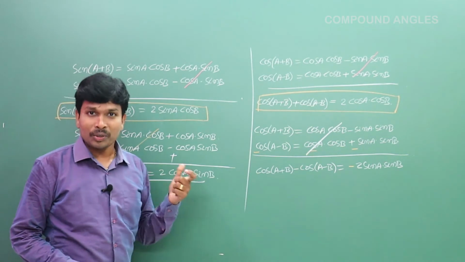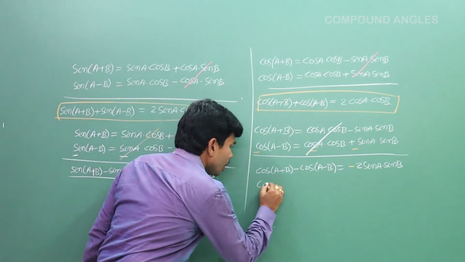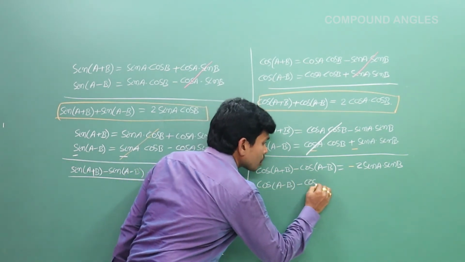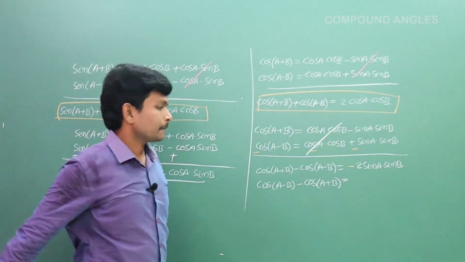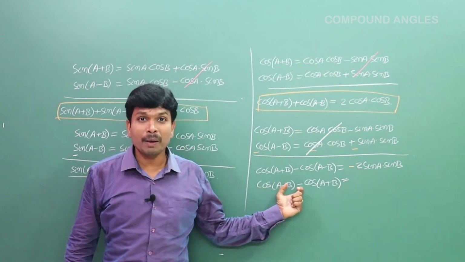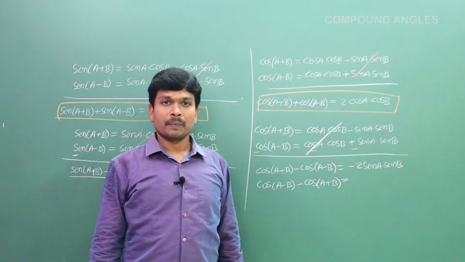And one more question I am asking you. Get ready to tell me the answer. Cos of A minus B minus cos of A plus B, can you say the value? Whoever tells gets a chocolate. Cos of A minus B minus cos of A plus B value. Good.